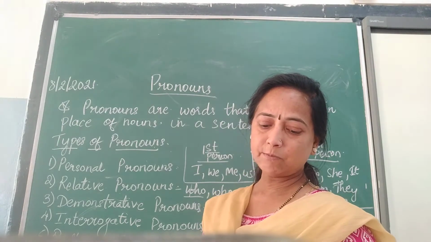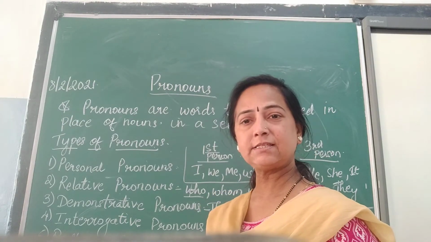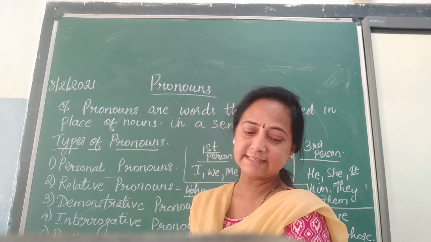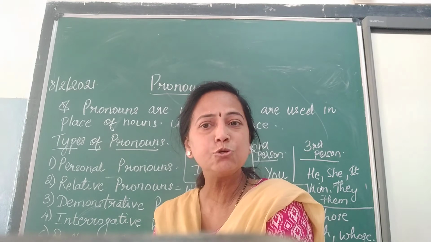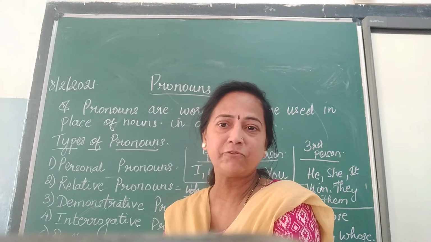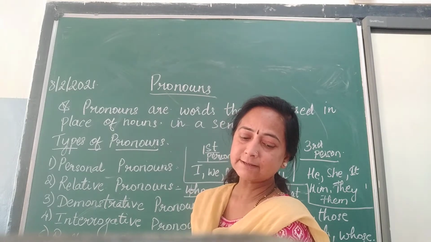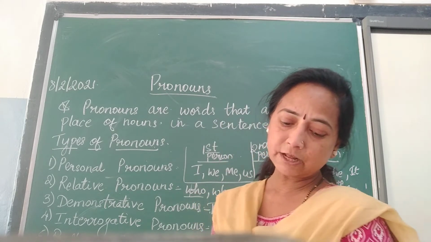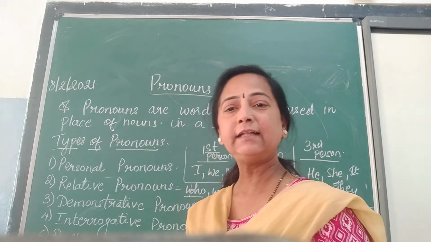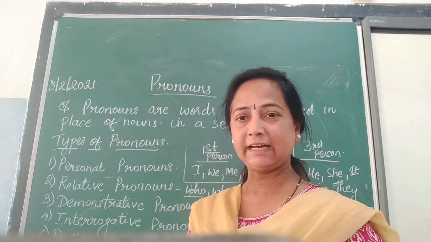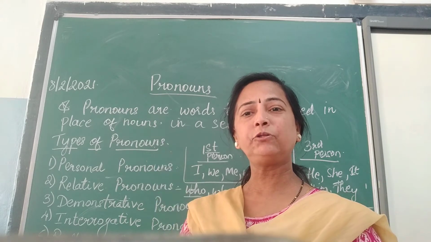So this is the boy who always sings a song. It is joining the 2 sentences. Such words are called relative pronouns. One more example: this is the road which leads to Vijayanagar. You are speaking about the road.